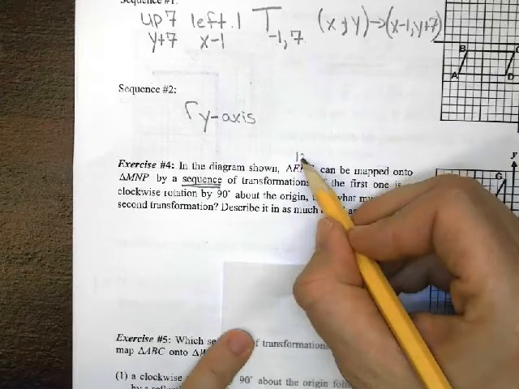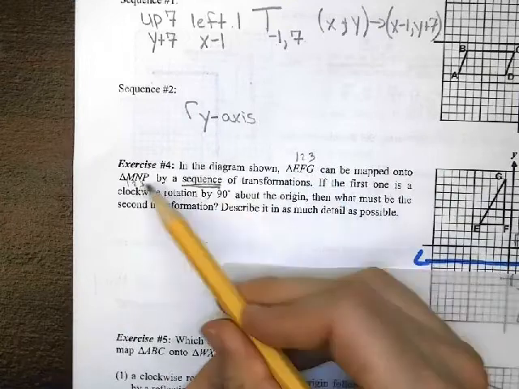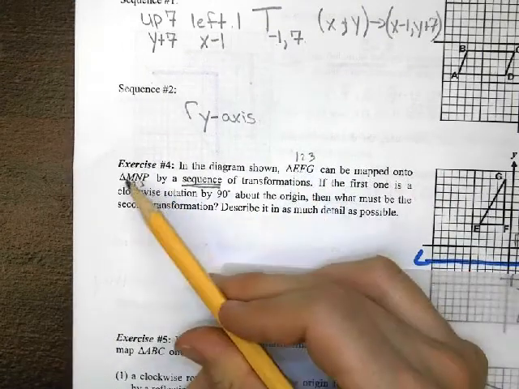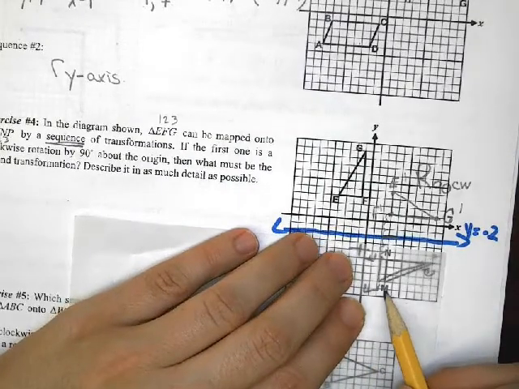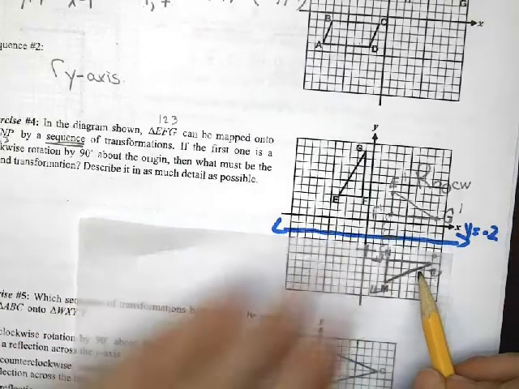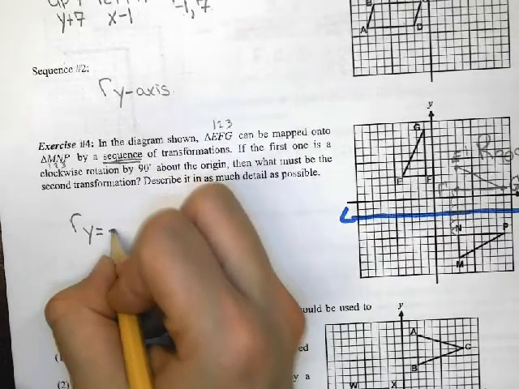If I number this 1, 2, 3, and 1, 2, 3, then G matches with P, F matches with N, E matches with M, and that's exactly what's happening. Here's E, there's M, and they match. So the second one was a reflection across the line y equals -2.